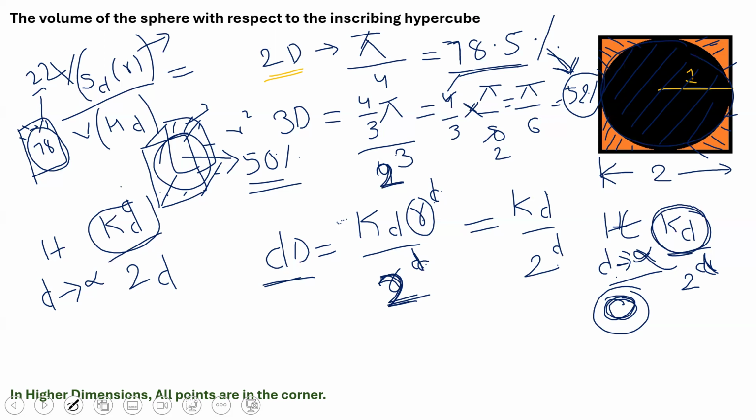All the volume is in the corners, right? That is what it actually means. Initially what we found out is that 52% of volume is occupied by this sphere. Now the volume occupied by this sphere, this whole area, is 0. That means all the volume is here in these edges.